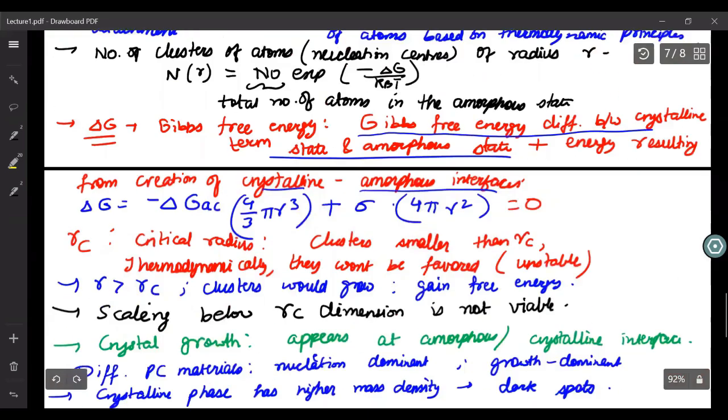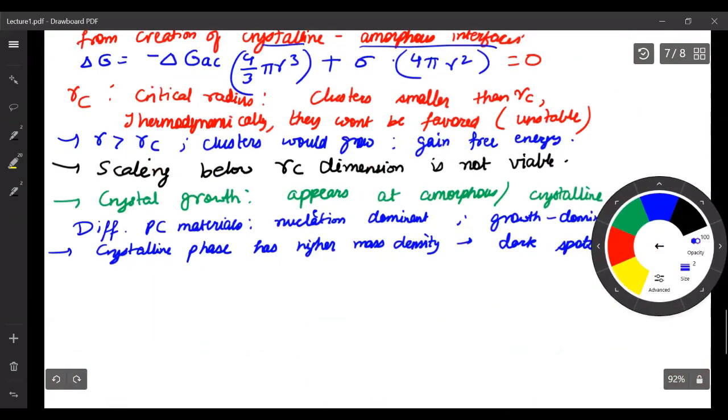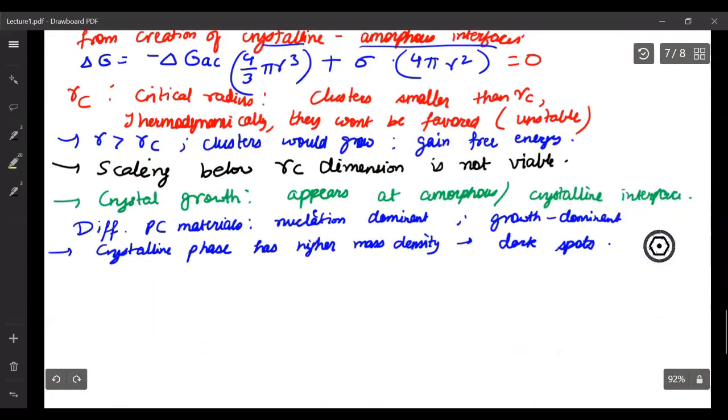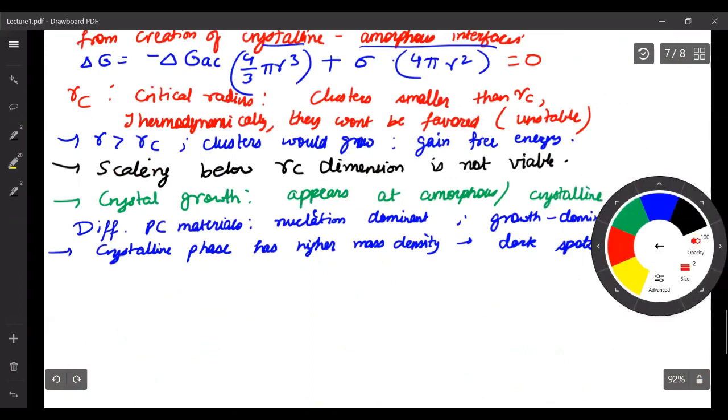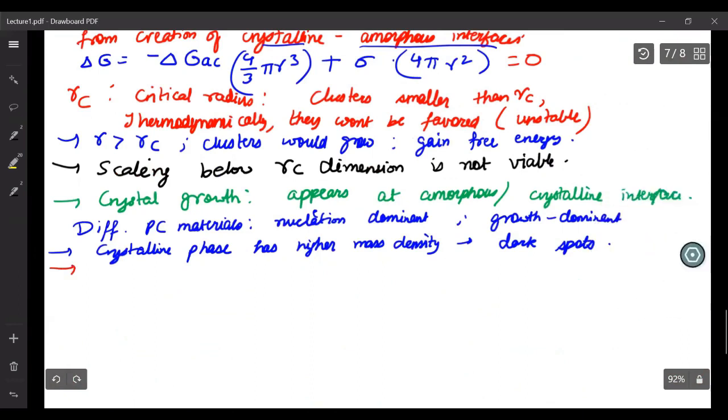However, for crystallization, both growth and nucleation have to be there. So for crystallization, both nucleation and growth are important.